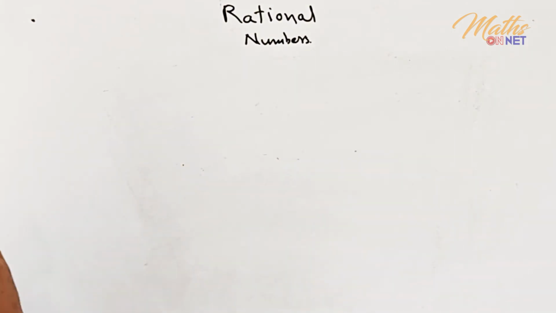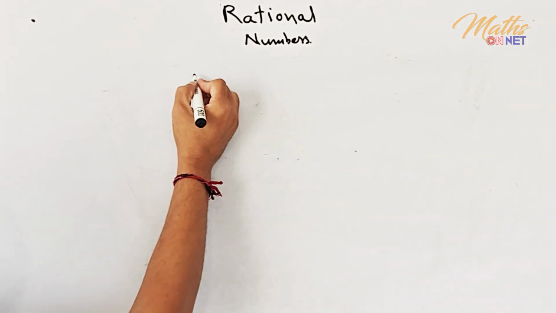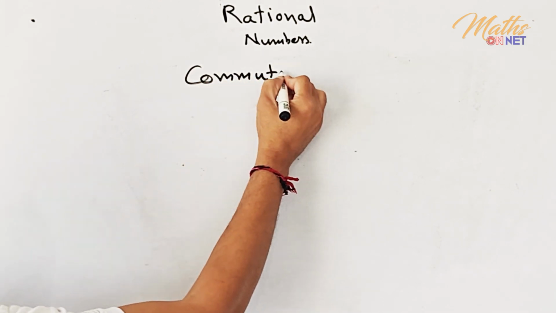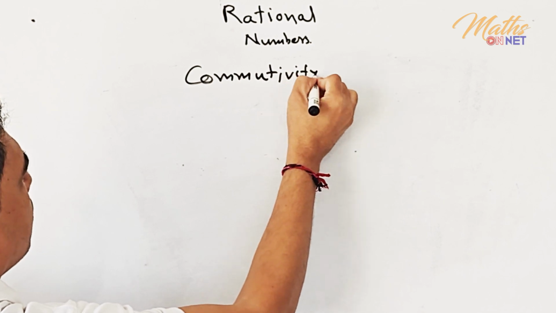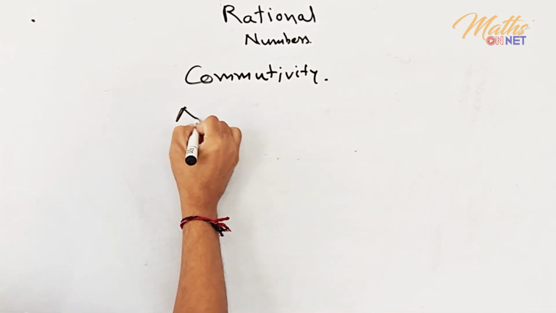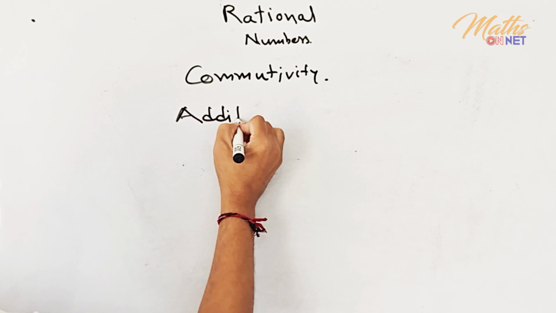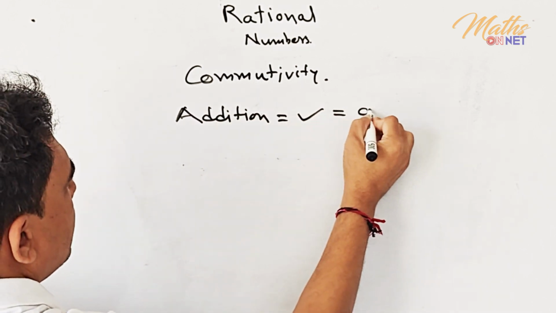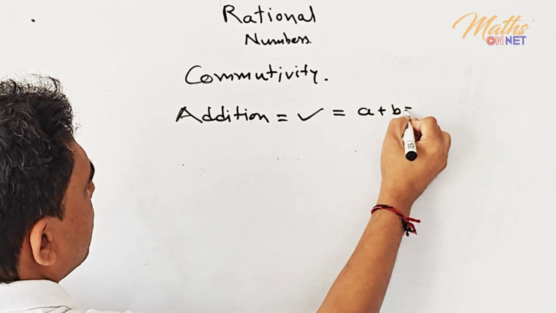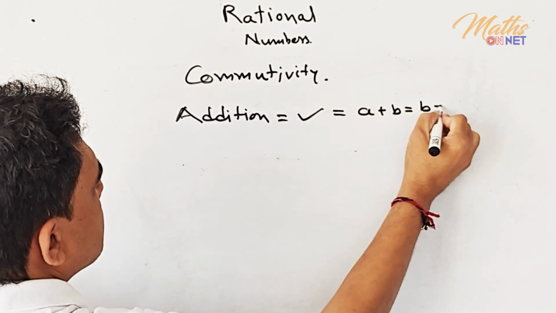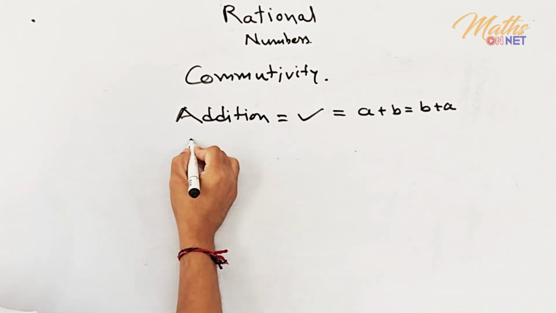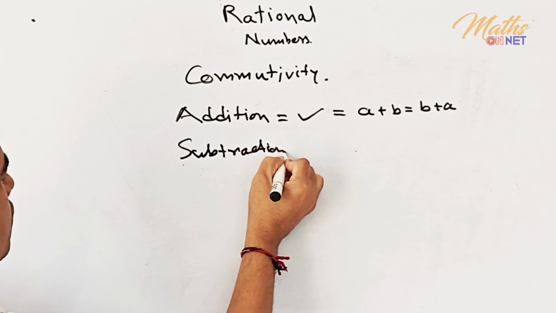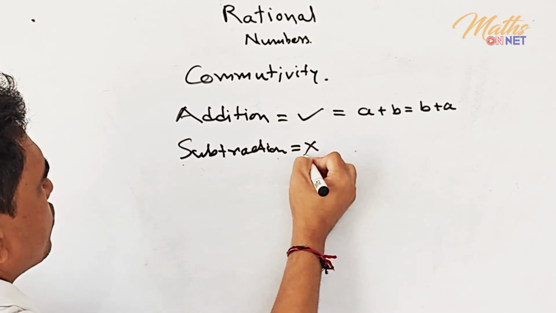So, in case of rational numbers, commutativity for addition is true. That means A plus B is equal to B plus A. Then for subtraction, what happens? It is not true.